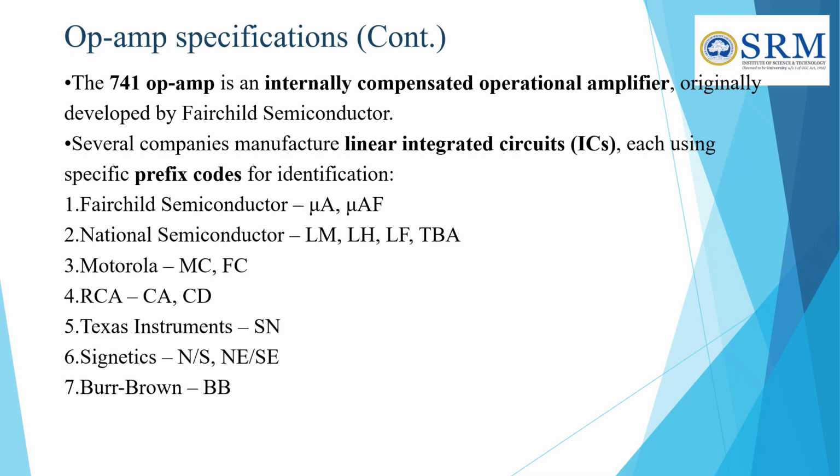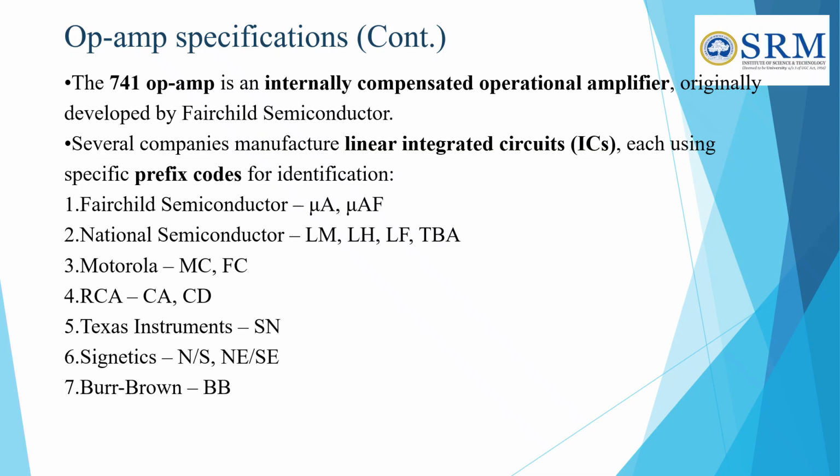Op-amp specifications. The 741 is one of the most widely used op-amps and is internally compensated. This means it is stable without requiring external components for frequency compensation. It was originally developed by Fairchild Semiconductor. Different companies manufacture ICs and each company uses specific prefix codes to identify their products.